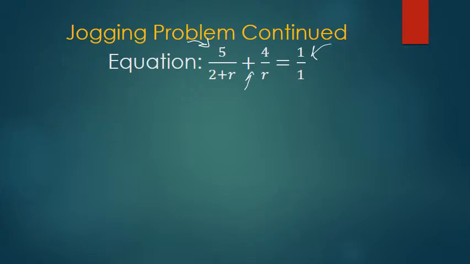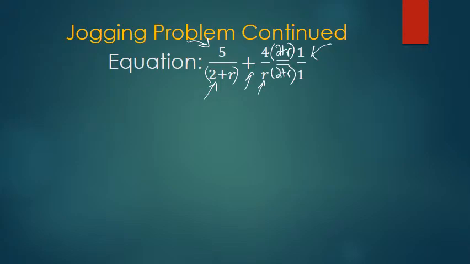I have an r, but in order to give the second denominator what the first denominator has, the 2 plus r travels together. Otherwise, if you just do a 2 plus or an r plus 2, you're going to be changing the value of the fraction. So I need to multiply top and bottom by 2 plus r.